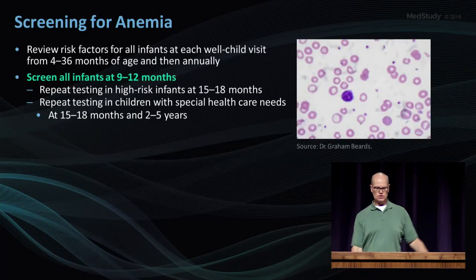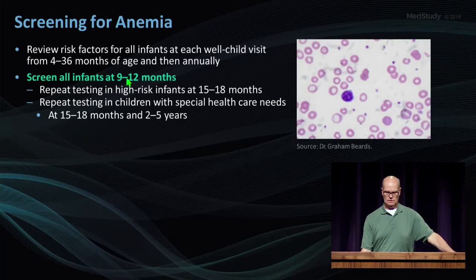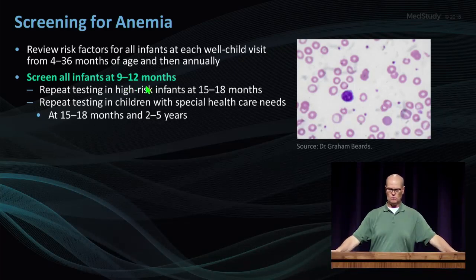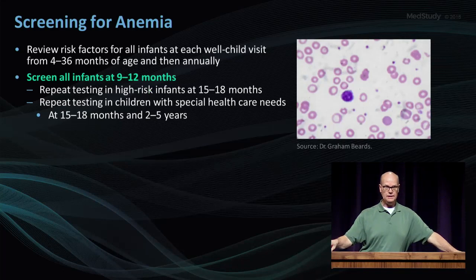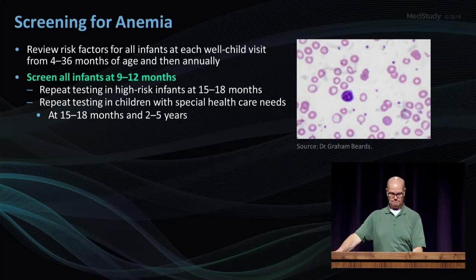Screening for anemia, be sure to review risk factors at multiple well-child visits and screen all infants at 9 to 12 months. So Medicaid oftentimes requires screening for anemia and screening for lead at both the 1 and the 2-year-old visits.